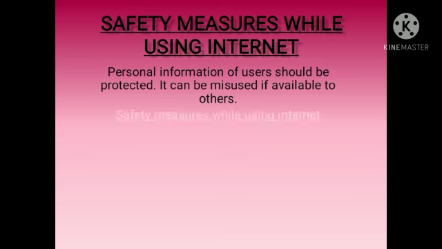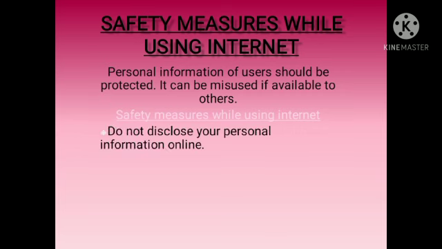Now, while surfing over the internet, you should know the safety measures you should take. Here the first thing is that you should not disclose your personal information online. While searching or surfing, you shouldn't disclose your personal information.